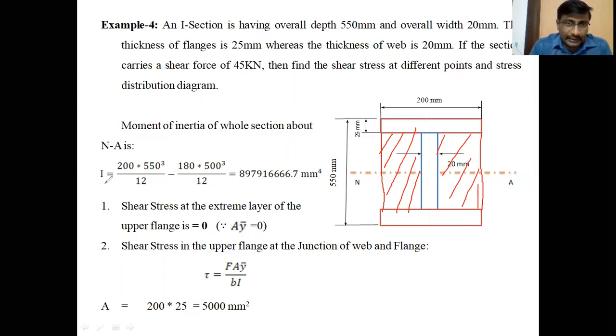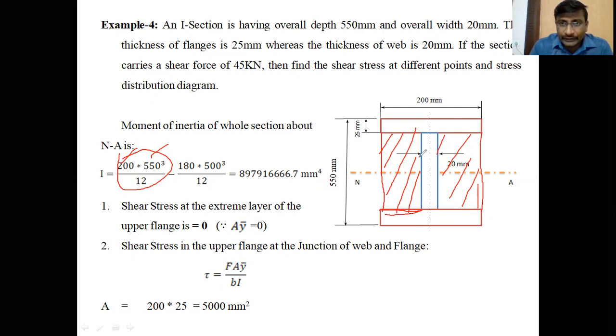Here I have written the formula. The overall breadth is 200, overall depth is 550. Therefore, the moment of inertia about neutral axis of the overall rectangle is BD cubed by 12, that is 200 into 550 cubed by 12. Minus the moment of inertia of these two shaded rectangles. We should know the breadth of the shaded area.